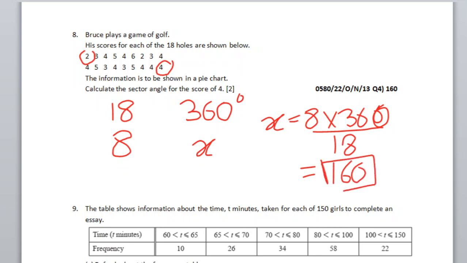So if 18 holes represents 360 degrees, then 8 holes will represent how many degrees? And we've written 8 because 4 is occurring 8 times. 1, 2, 3, 4, 5, 6, 7, 8. So we need the angle for 8 holes.